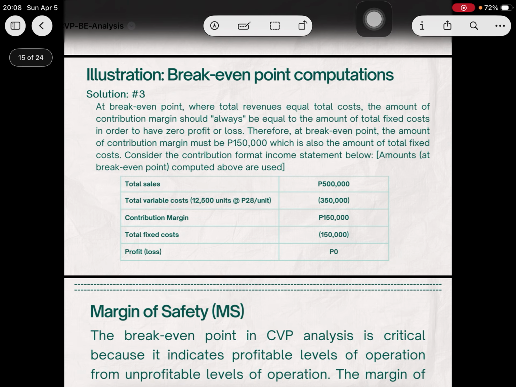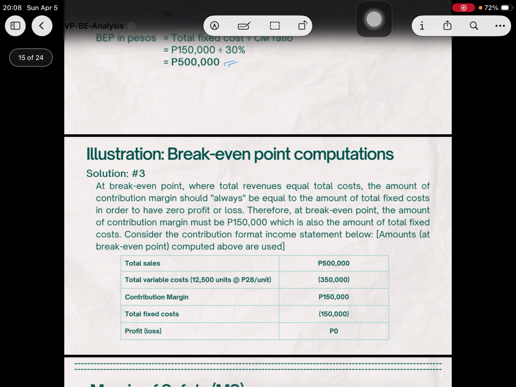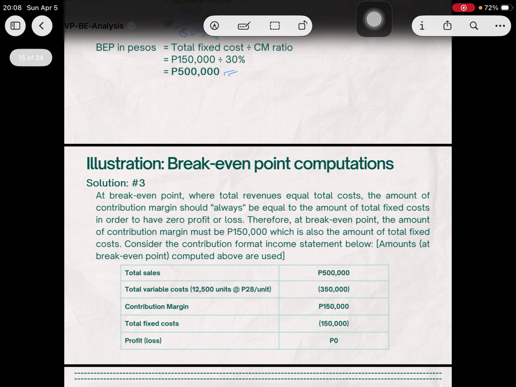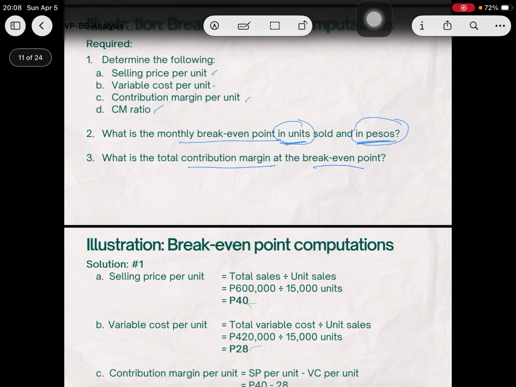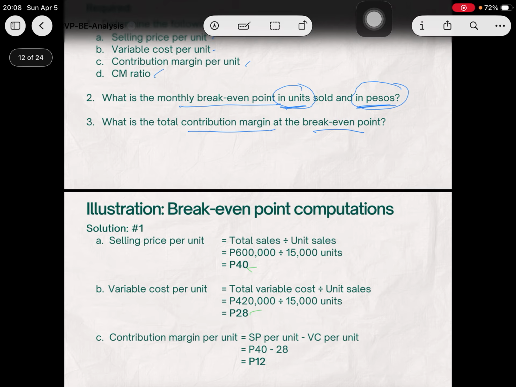Okay, and then, last na tayo. Number 3 question, what is the total contribution margin at the break-even point? So, tinatanong lang dito sa number 3, magkano raw ang contribution margin?